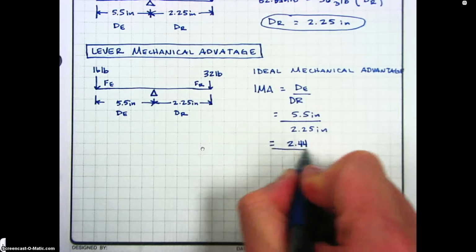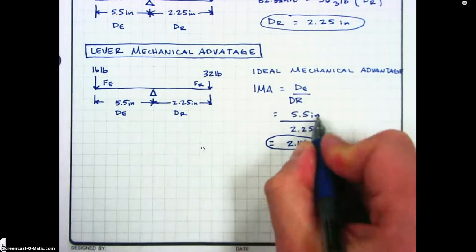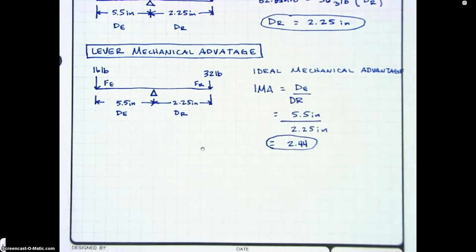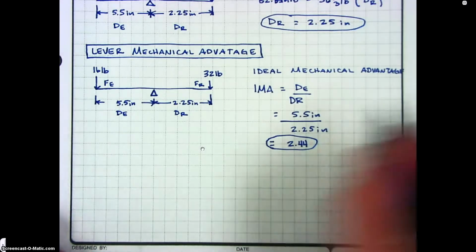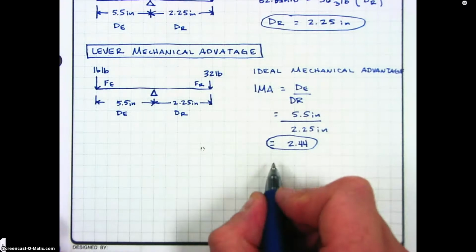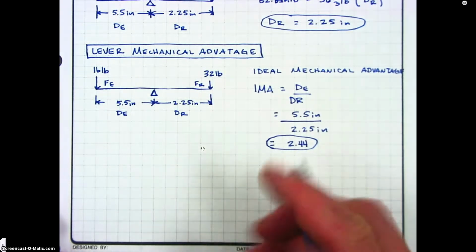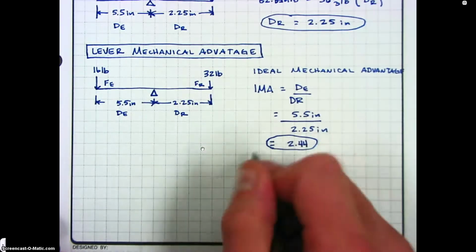Now, one thing to remember is that since we're dividing inches by inches, mechanical advantage is a unitless number. All right? And so what we're basically saying is we have an advantage of about 2.44. In an ideal world that's free from friction and things like that.